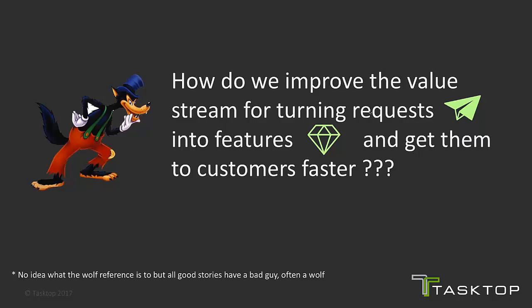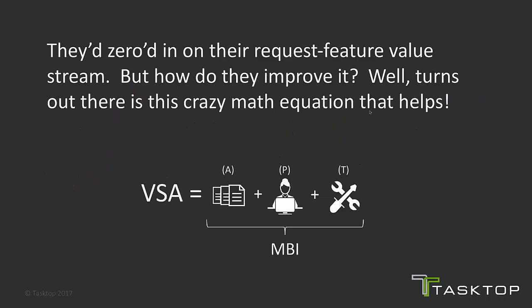So what in the world did they do? Well, they had zeroed in on their feature to request value stream, but how did they improve it? Well, it turns out there's this crazy math equation that helps. All kind of kitschiness aside, this really is a story about Tasktop.